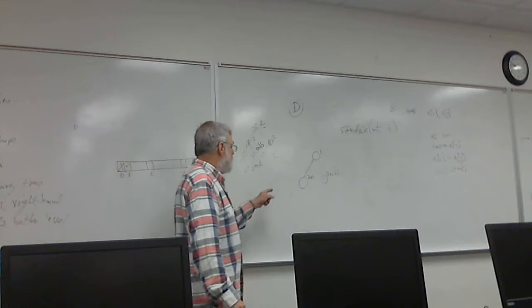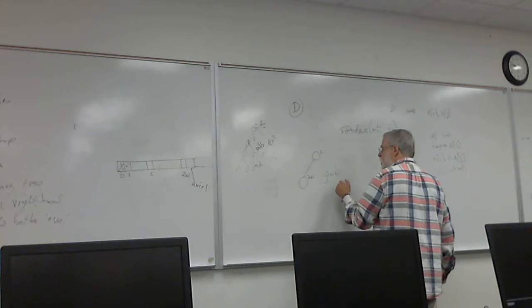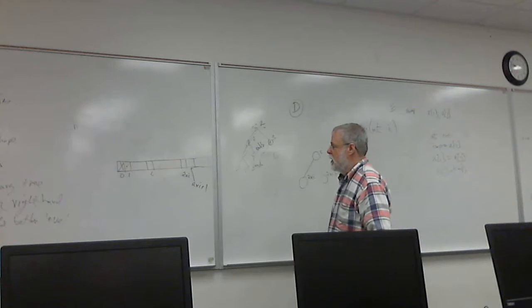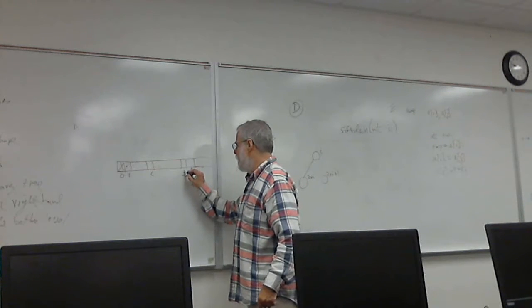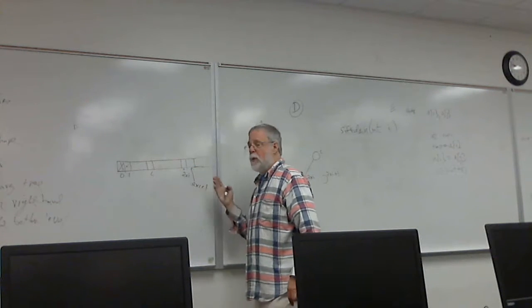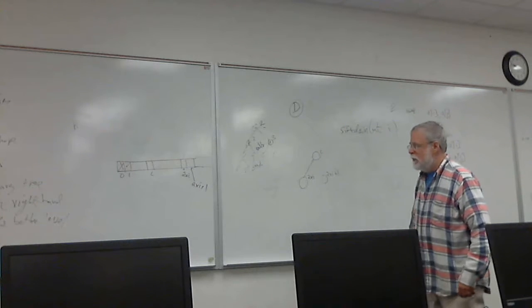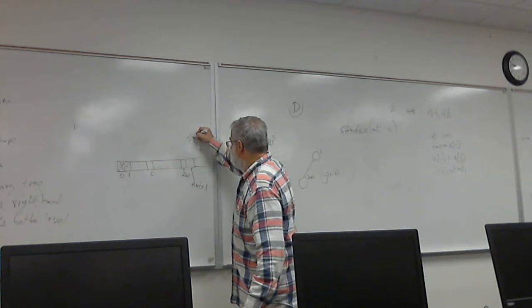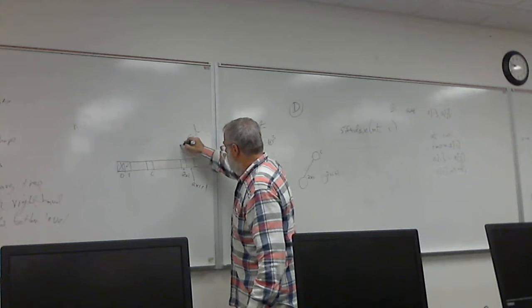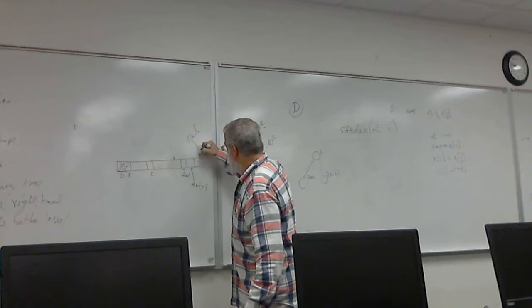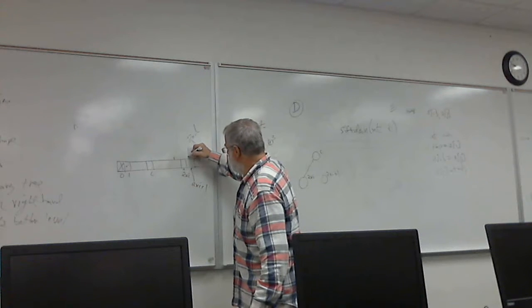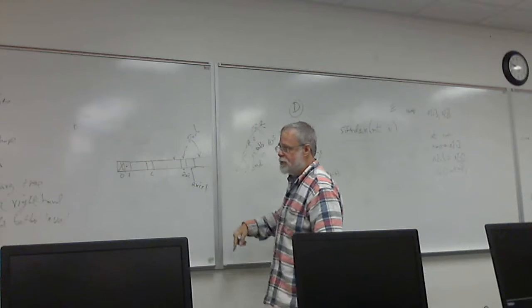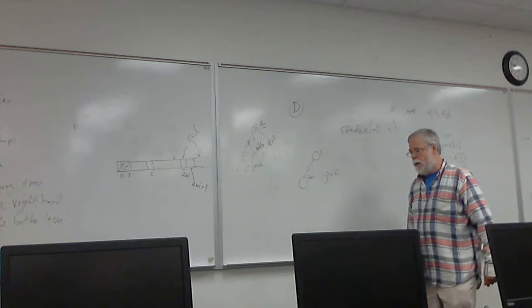So here's the picture as a binary tree, here's the picture in the array. There's one other thing. Where is end? End could be here, or over here, or possibly here. So there's a lot of different places end could be.